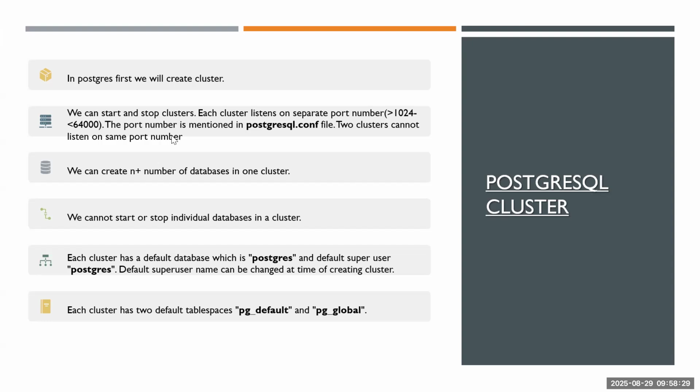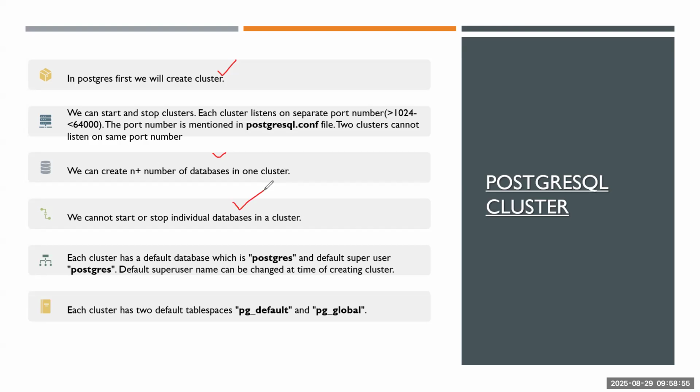Once we start the cluster, you can connect to it with the help of pgAdmin 4 or psql. You can use any utility to access the cluster. Once connected, you can create a number of databases. Make sure, this is very important: we cannot start or stop an individual database in a cluster.